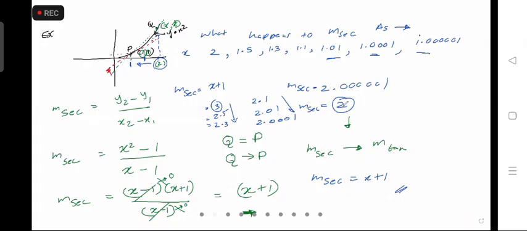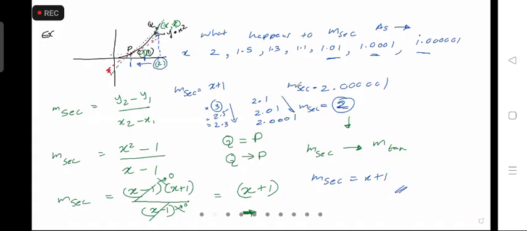When you bring the x value of Q, that is the second point, very close to the first point, then you can see this gradient converges to the value 2. Using the limits, we are going to find this out, but manually, for this example, we can see it.